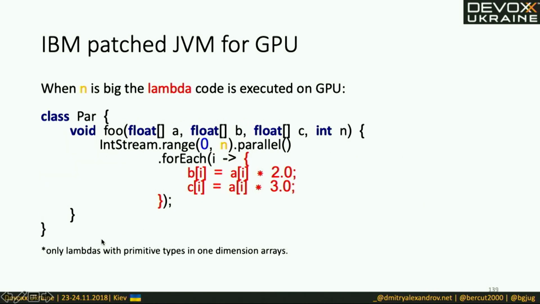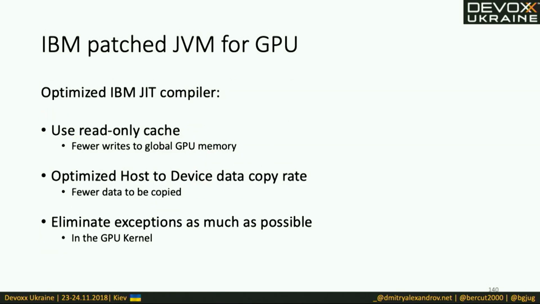You need a big enough n, big enough because you don't want to make copies from memory and back to the GPU, and the lambda itself simple enough, mainly consisting, unfortunately, of primitives. Then it can be offloaded to the GPU. They made a lot of very interesting optimizations for this.